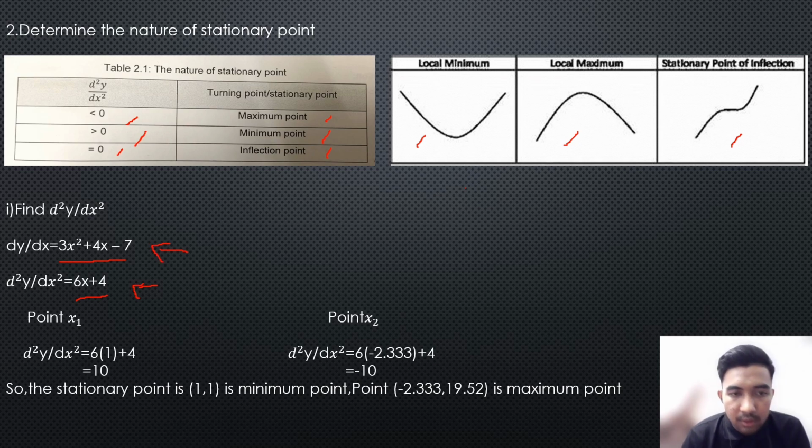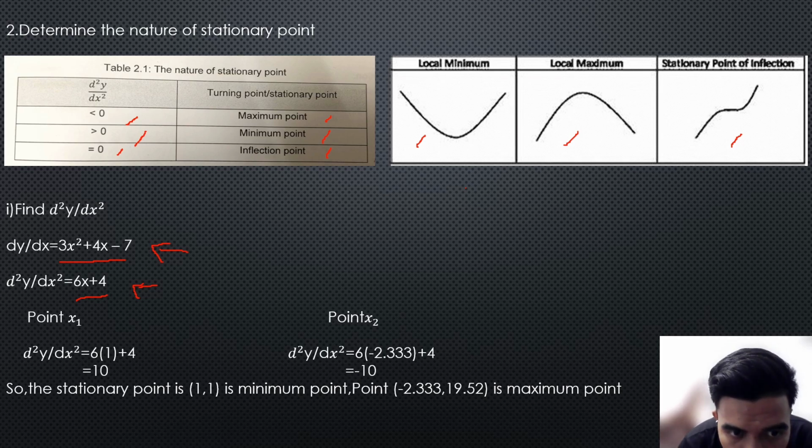After we factorize, we get x is 1 and negative 2.333.